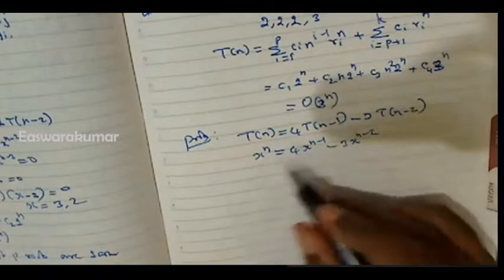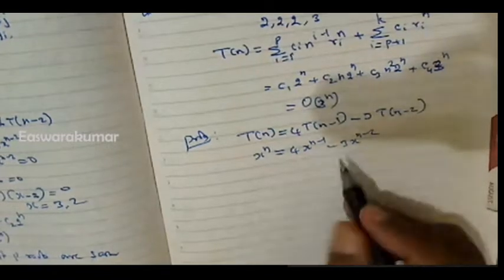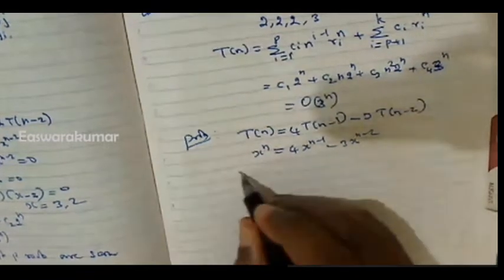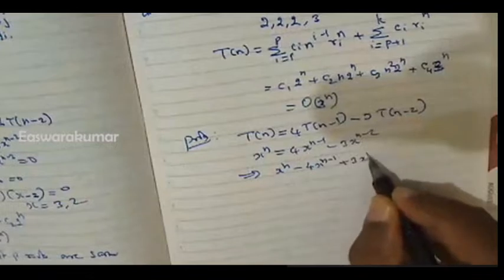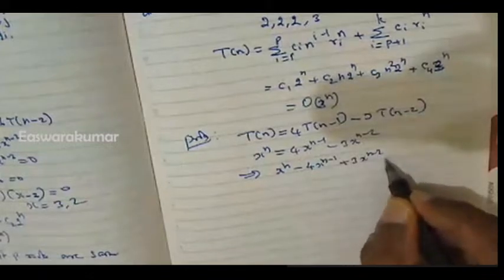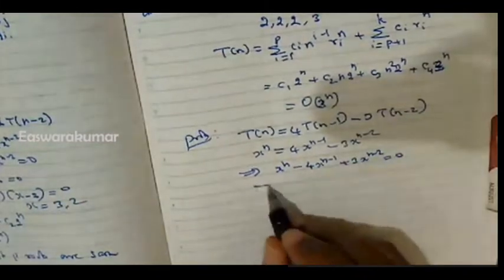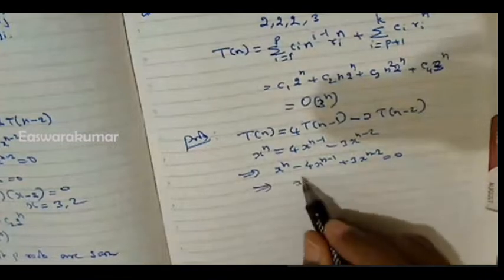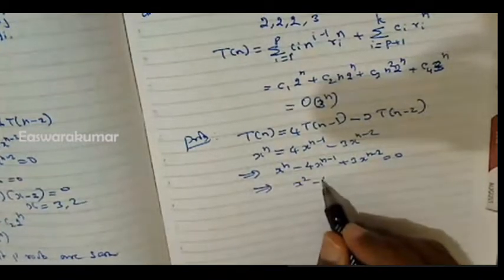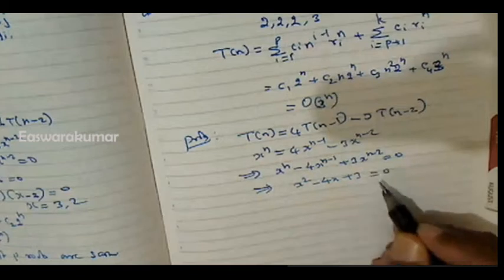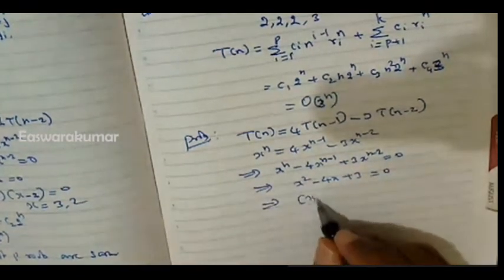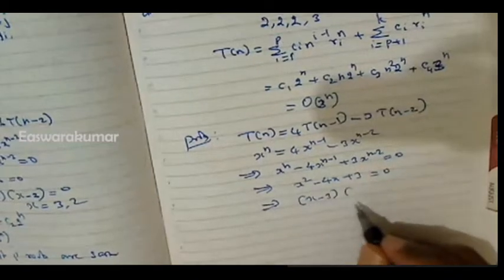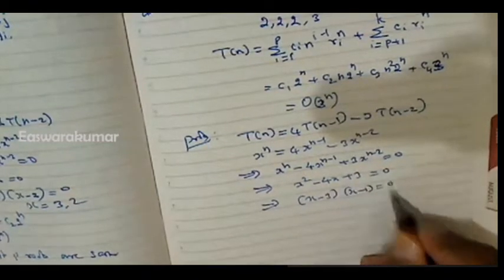Now we bring everything containing x to the left side. So x power n minus 4x power n minus 1 plus 3x power n minus 2 is equal to 0. Now if you remove the common terms, you get x square minus 4x plus 3 equal to 0. If you factorize it, you get x minus 3 into x minus 1 equal to 0.